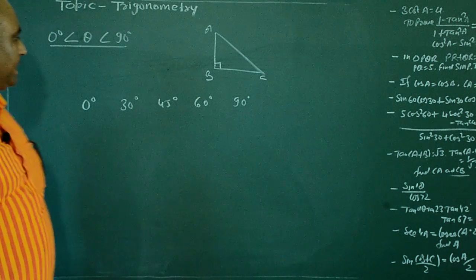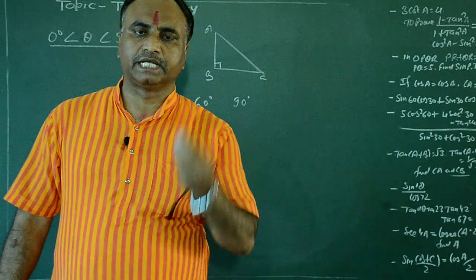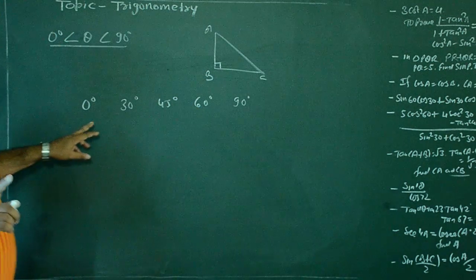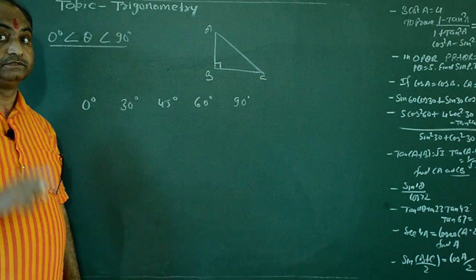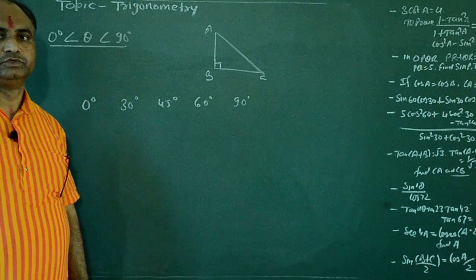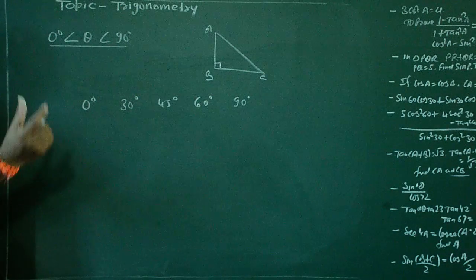If we have to find here the value for this, we have a simple trick, a simple procedure, but you have to remember it that you have to learn the value for these angles, but you should also know how to find the value. Okay, for this we have simple trick.